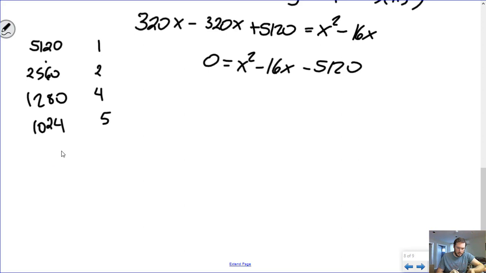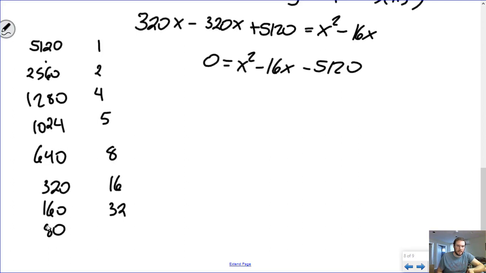So 1280 divided by 2 is 640 and 8, which is 320 and 16, which is 160 and 32, which is 80 and 64.